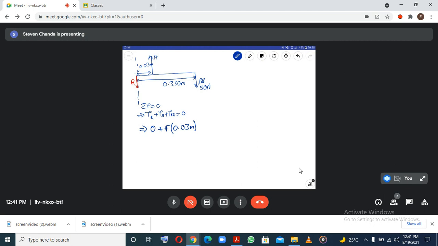Then we also have the bowling ball. It's going to cause a clockwise torque, right? So it's going to be negative. Great. So from there, it's just algebra.